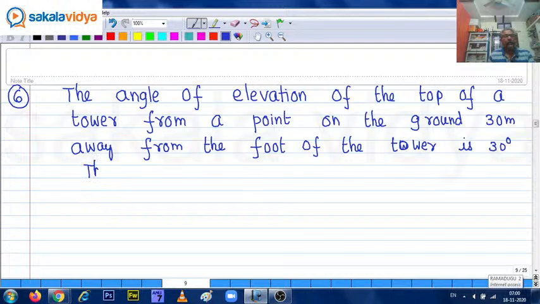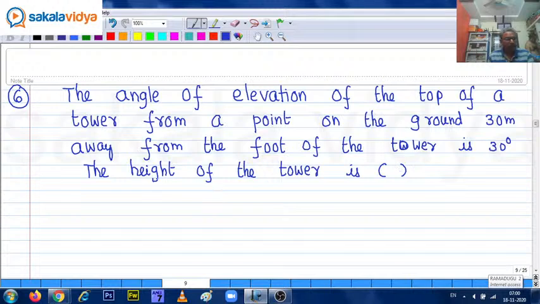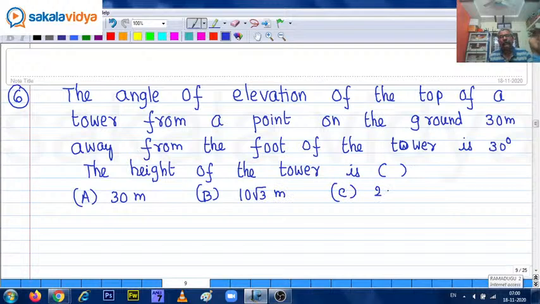The height of the tower is: A, 30 meters; B, 10 root 3 meters; C, 20 meters; D, 10 root 2 meters.